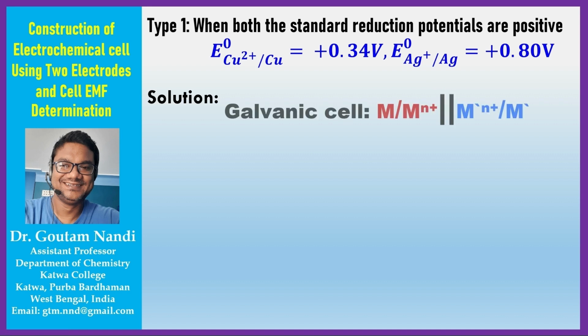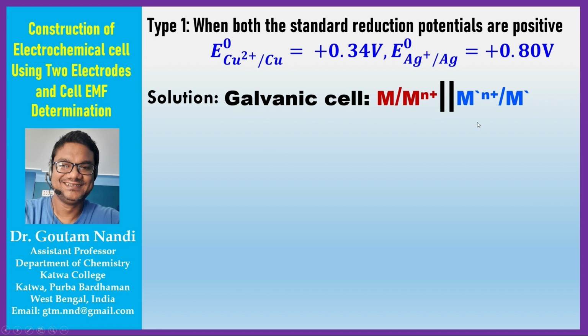Now, as I said earlier, the galvanic cell is written in this way, and you see here the potential value of the Ag plus Ag electrode is plus 0.80, which is greater than that of the Cu2 plus Cu electrode. That means E0 Ag plus Ag is greater than E0 Cu2 plus Cu.